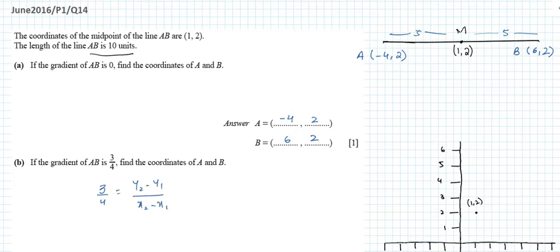So in the numerator we have the change in y and in the denominator the change in x. On graph paper, we mark the midpoint (1, 2), with gradient 3/4 and line length 10 units.